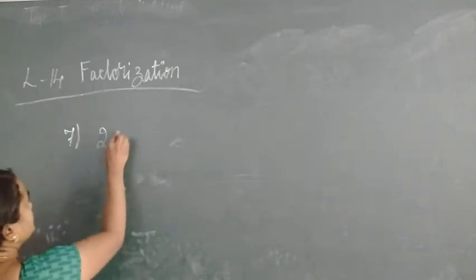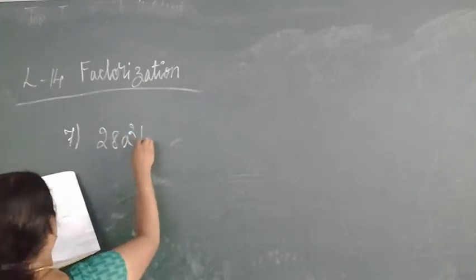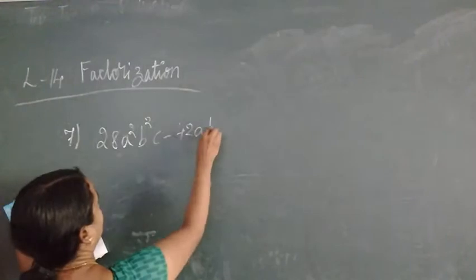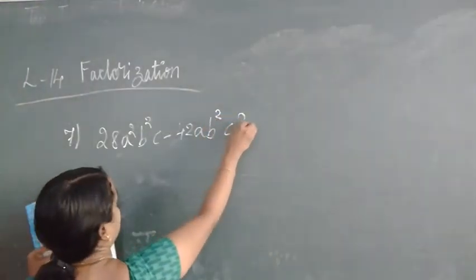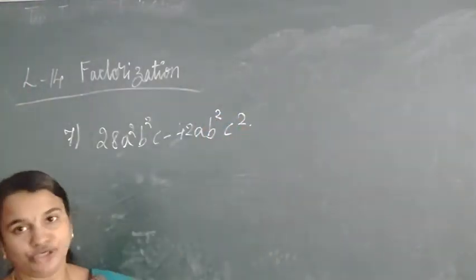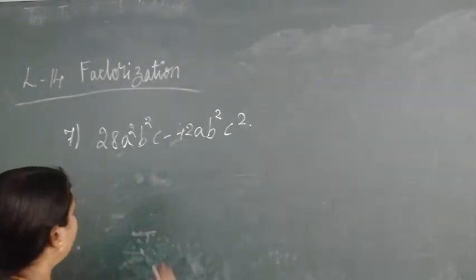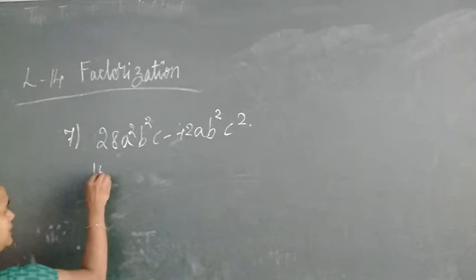The seventh one: 28 goes in the table of 14. 14 2s are 28, 14 3s are 42. So 14 we can take out.